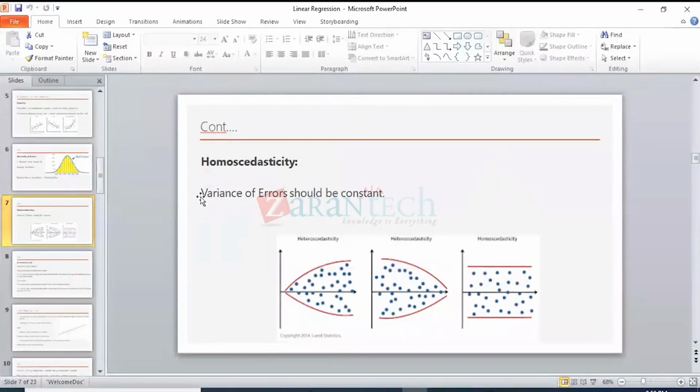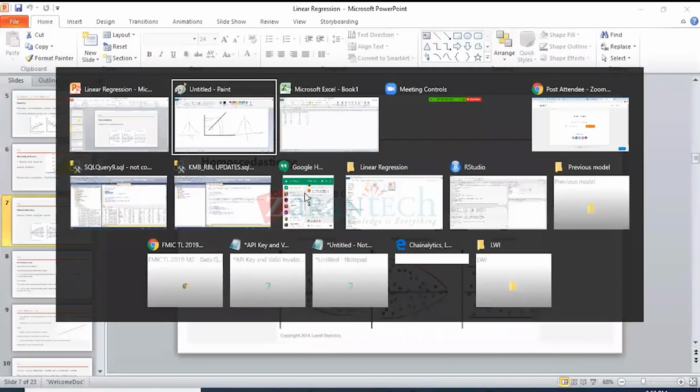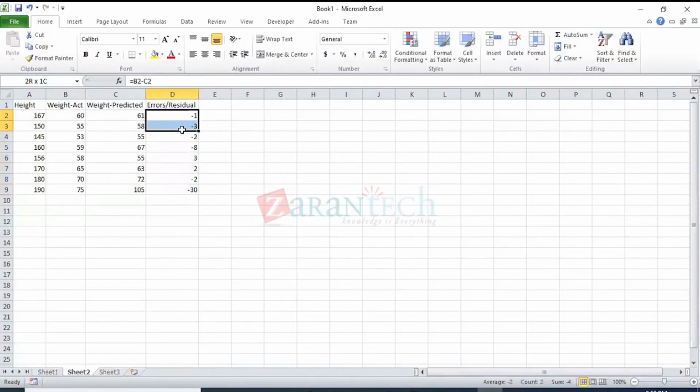So that's what it says: the variance of the error should be constant. But it's not constant over here. If you consider only this data set, you can say that the variance is constant, it's either plus or minus 3. But if you see this data point, it's minus 30. So the variance of the data set has increased now, that is, the spread of the data.